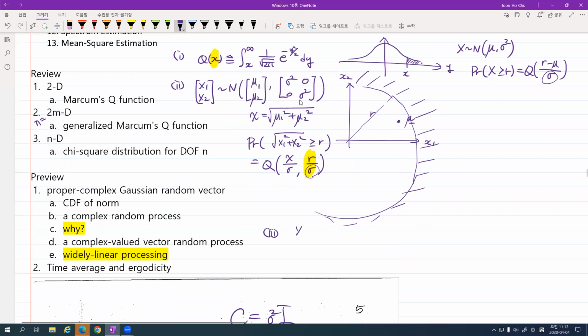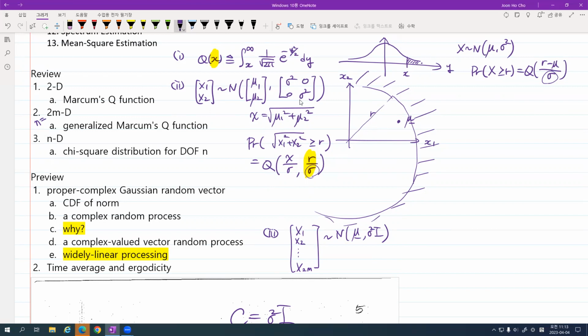So given x1, x2, dot, dot, dot, up to 2m. So we have an even number. We have some mean vector, and we have scaled identity matrix as the covariance matrix. So these 2m Gaussian random variables are independent and having the same variance.